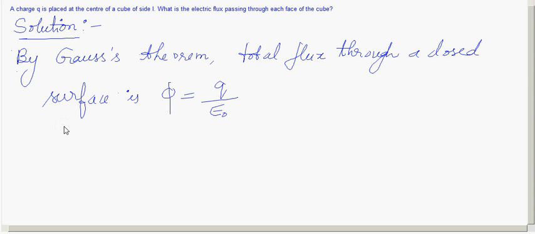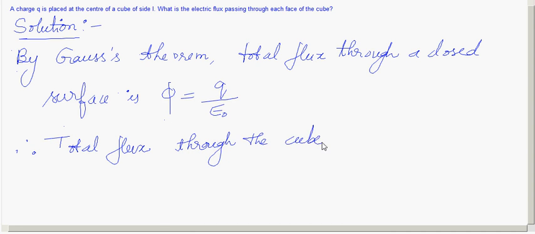So we can say, because Q is at the center, total flux through the cube phi is equal to Q by epsilon naught.